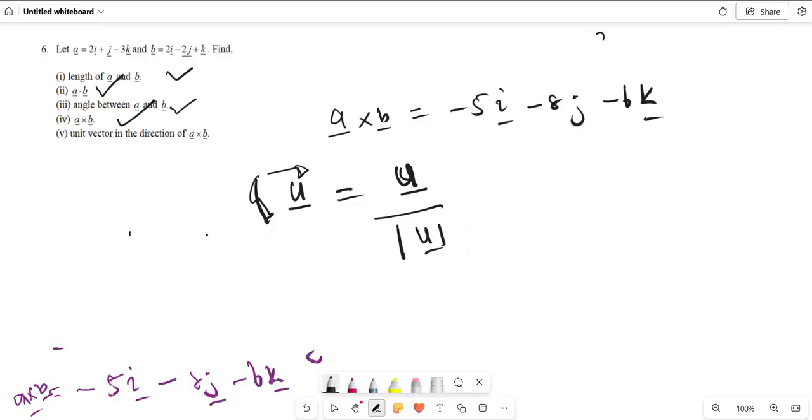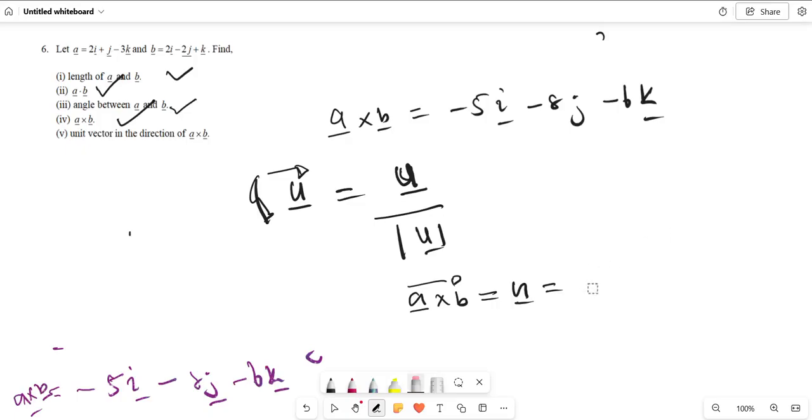Okay, now unit vector in the direction of A cross B. So you want to get the unit vector of A cross B. I will take this vector as n. You want to write the vector value.